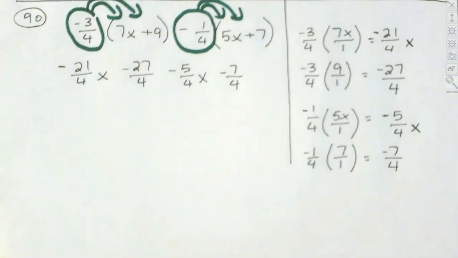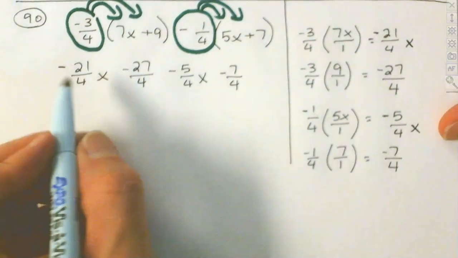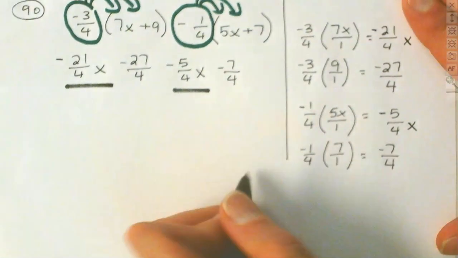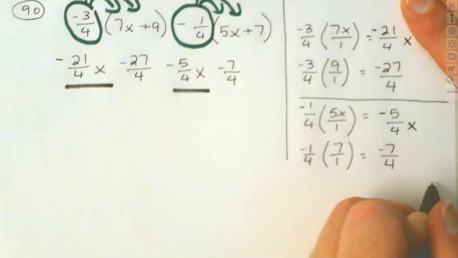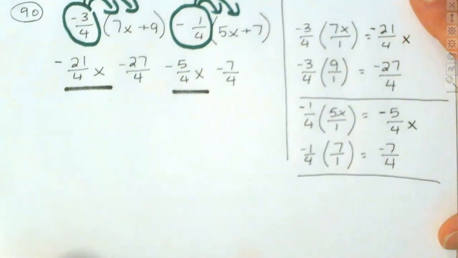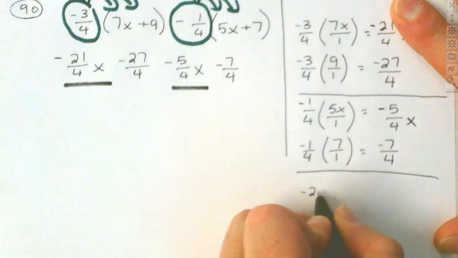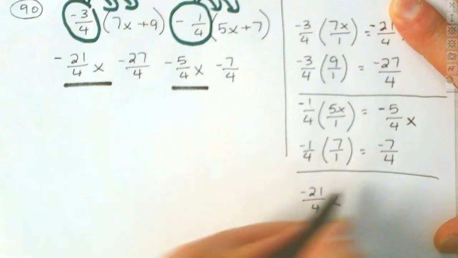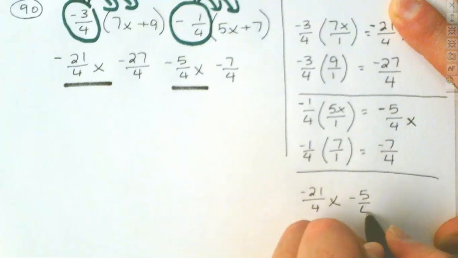What can we now do? Now we can combine the variables together. Those both have an x, so they can be combined together. So what does that look like here? When we combine them together, we have a minus 21 over 4x, and we have a minus 5 over 4x.